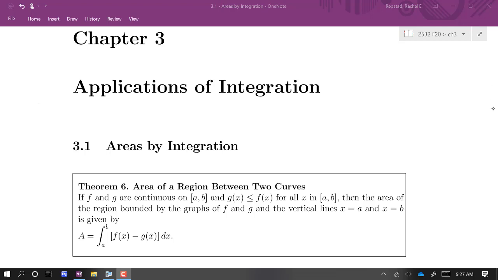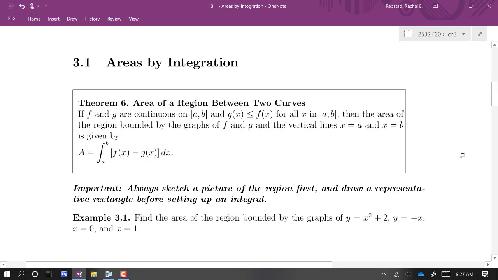So we start out with Theorem 6 here, which says maybe I've got a region in the plane on some interval that's bounded by some curves.